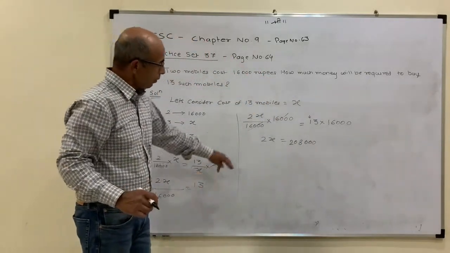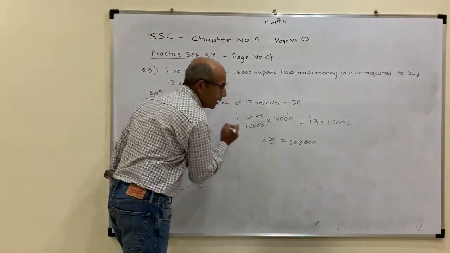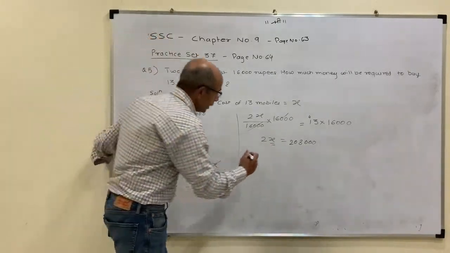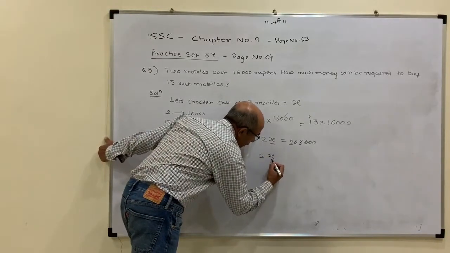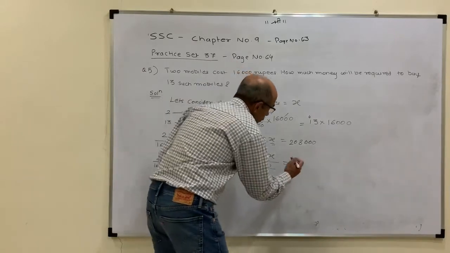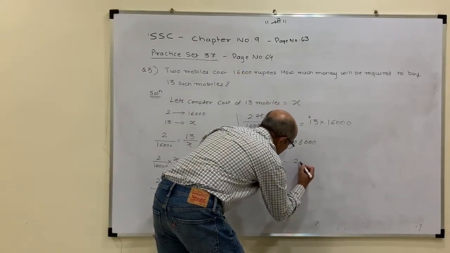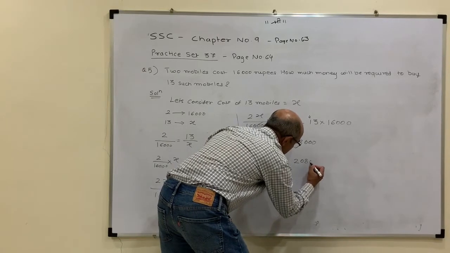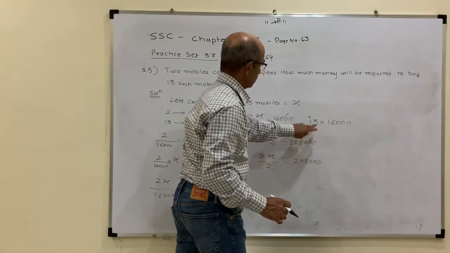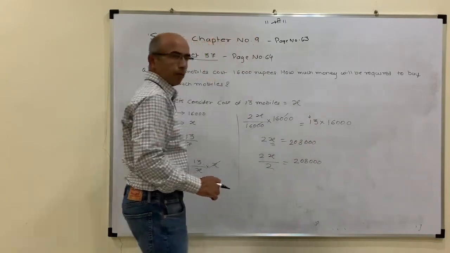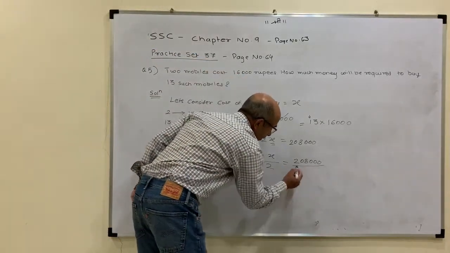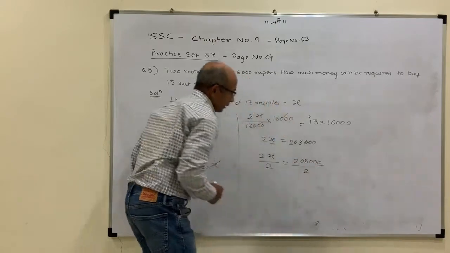So now I need to isolate this x. To get rid of this 2 from the left hand side, I divide by 2. Since I am dividing on the left hand side, I need to do the same operation on the right hand side.